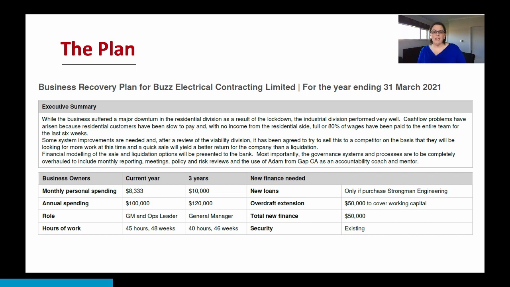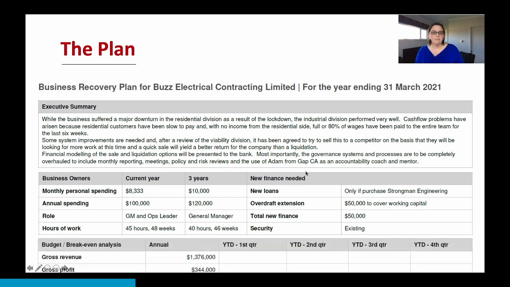So this is where your personal budget information comes in terms of what you need, and that you can see is on the basis of now under a COVID scenario and in 3 years when hopefully, fingers crossed, things return a little bit more to normal. It also covers the role that the owner is working and the hours and number of weeks a year that they're working. You can see it also covers off where potentially new finance might be needed for the business.